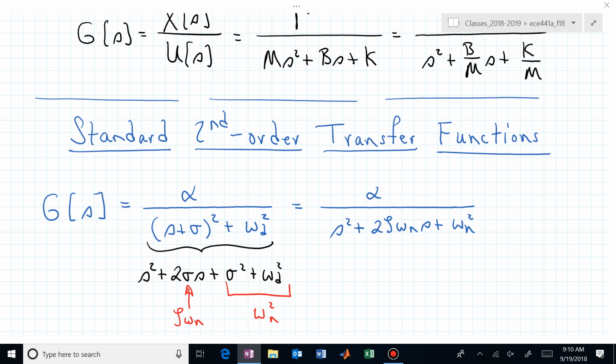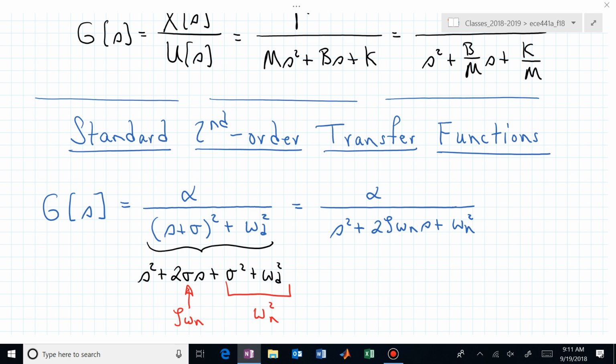But the main thing that we want to be able to do is, if we look at the far right hand side, figure out what is that constant coefficient in the denominator, which is really omega sub n squared in this parameterization. What's the linear coefficient, 2 zeta omega sub n, what's its value, and what's alpha?